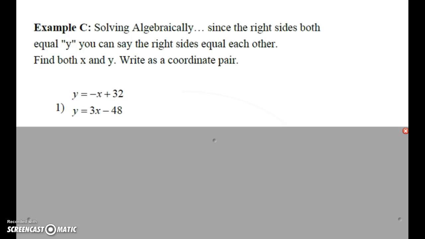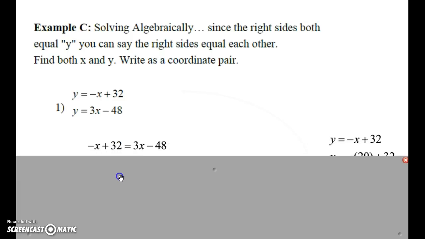You guys are doing great so far. Let's take a look at another way to solve problems. So what happens if we want to solve these types of problems algebraically? Since they're both set equal to y, we can actually set them equal to each other and solve for x and y, and then write our answer as a coordinate pair. I'm going to get you started with this just by showing you what that first line would look like.